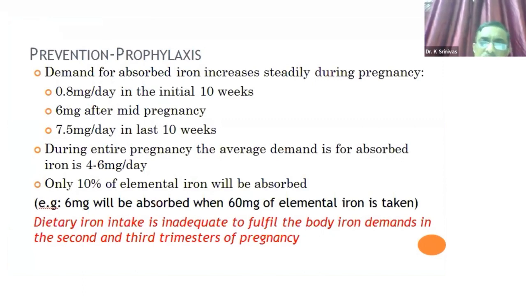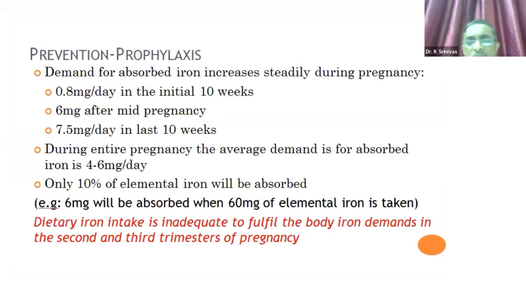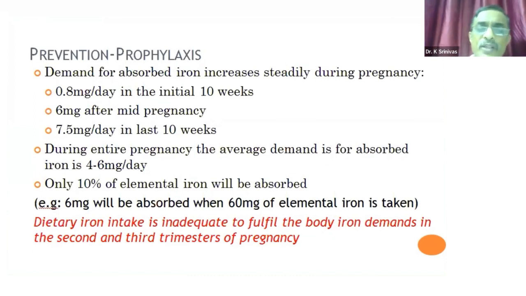In the third trimester, it will be close to 8 milligrams per day. So first trimester, roughly 1 milligram. Second trimester, 4 to 6 milligrams. And third trimester, 6 to 8 milligrams is the requirement of iron by the pregnant woman, right? So if you just take an average, she requires roughly about 6 milligrams per day, excluding the first trimester.